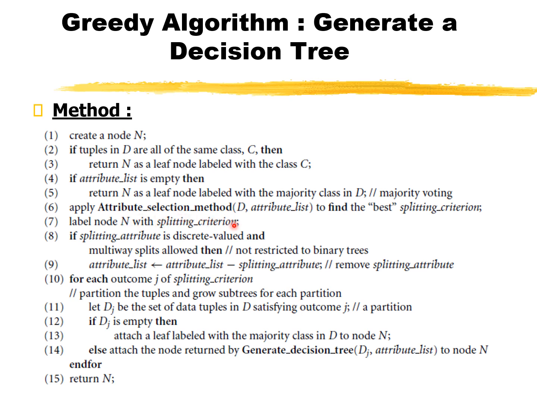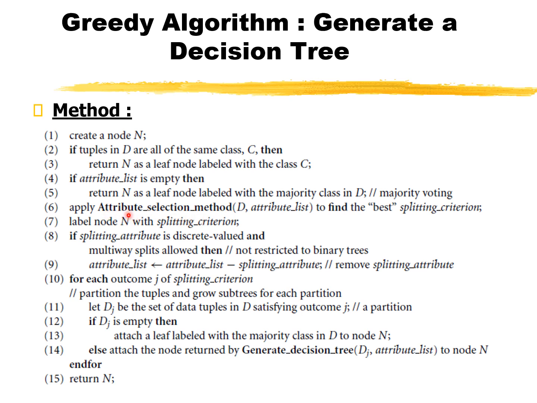Apply the attribute selection method, whichever method that we want to apply. As I said, there are many methods, but we're not discussing that now. We apply it to D, which is the tuples that we are looking at right now, and the attribute list, which is the list of attributes that we are using in order to generate the decision tree, in order to find the best splitting criterion.